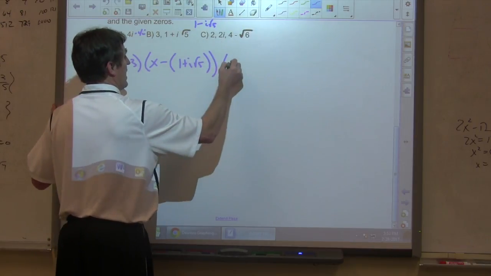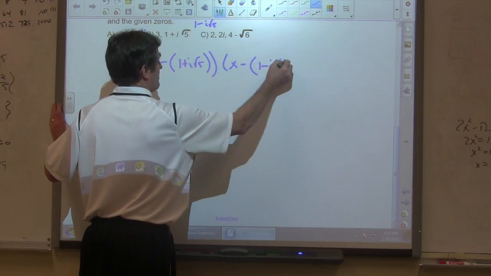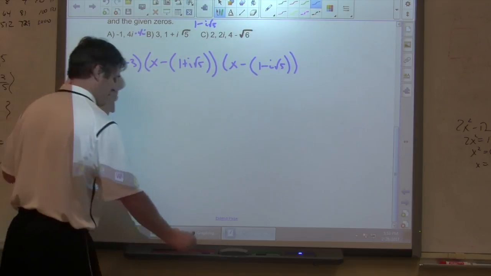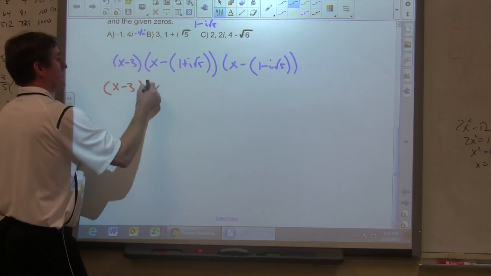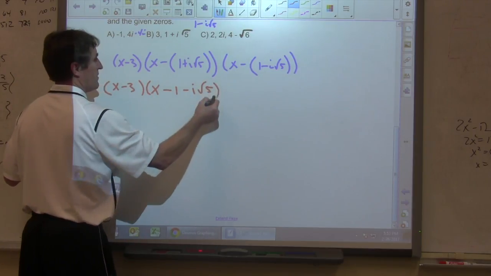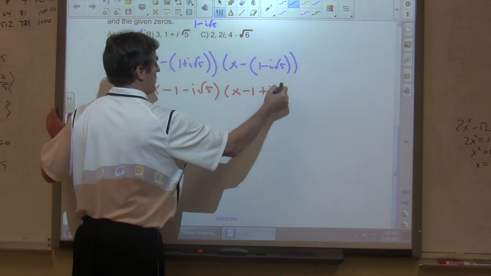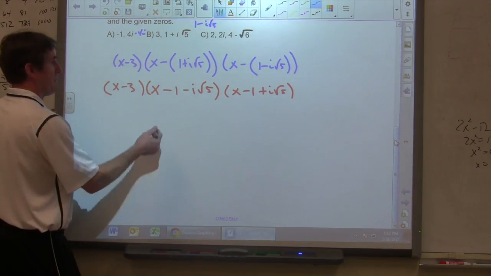So that would be x minus, and then 1 minus i square root of 5. So now I'm going to distribute that negative sign. X minus 1 minus i square root of 5. And then x minus 1 plus i square root of 5. So now we have to multiply this.